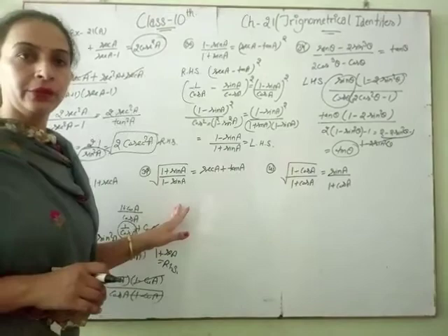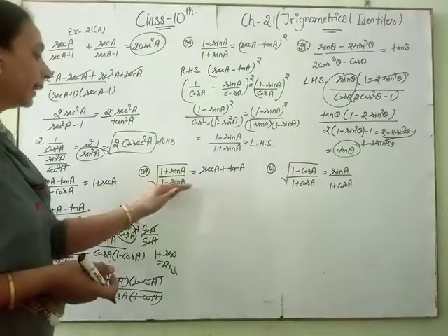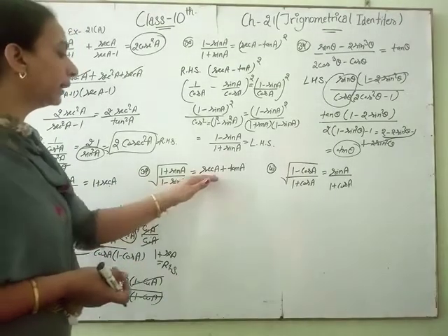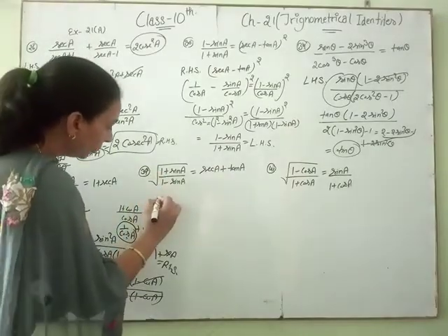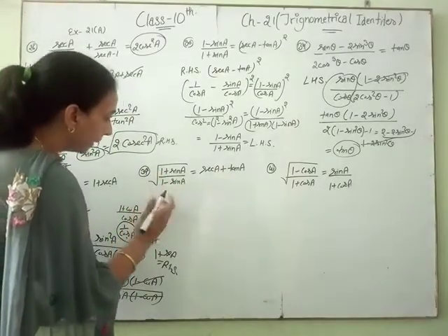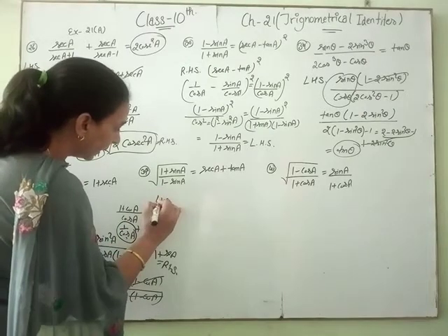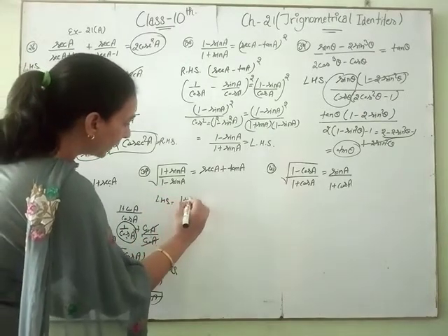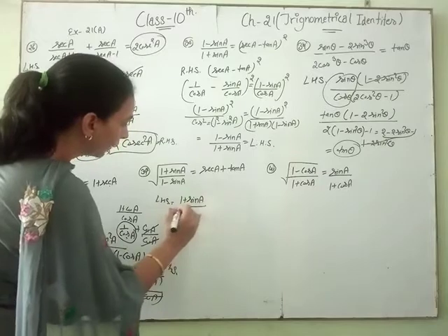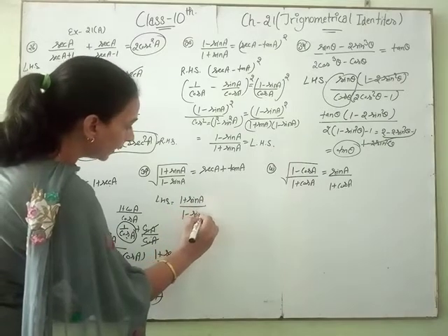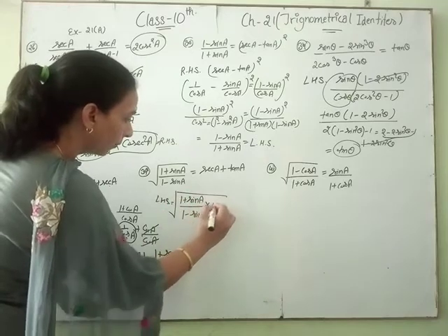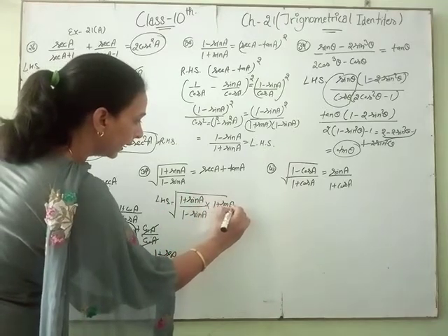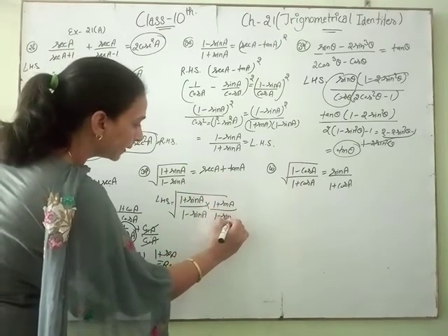These are important questions. Root of (1 plus sin A) by (1 minus sin A) equals secant A plus tangent A. So first you take the root term, left hand side. Root of (1 plus sin A) by (1 minus sin A). Okay, you take rationalization. 1 plus sin A and 1 minus sin.